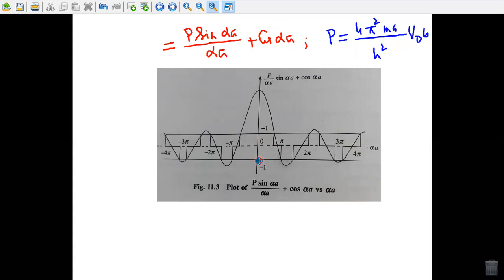A consequence of this limitation is that only certain values of alpha, and hence E, are allowed. Further, from the left side of this equation, it is clear that for a specific value of the energy, cos ka can have only one value.